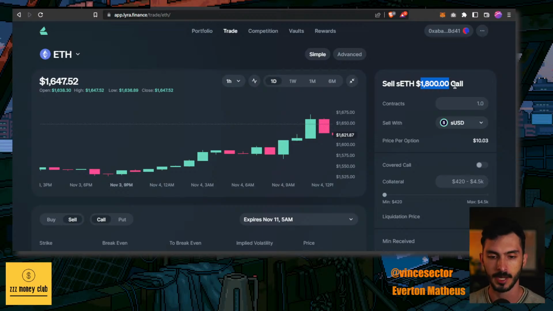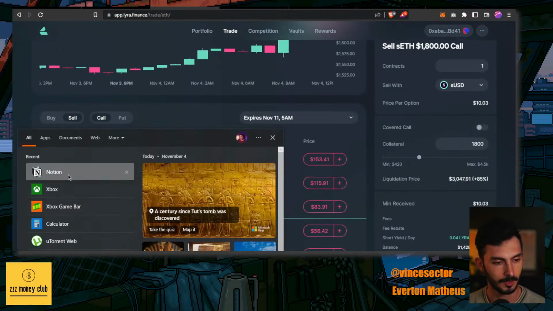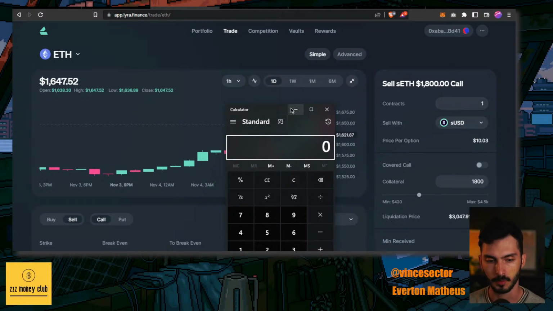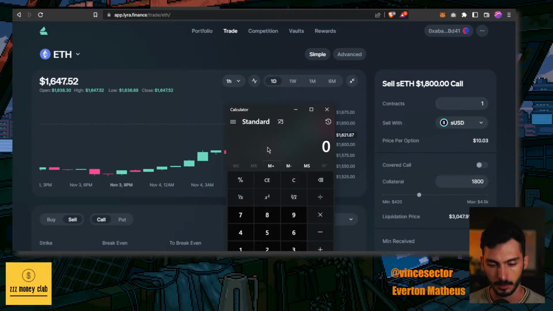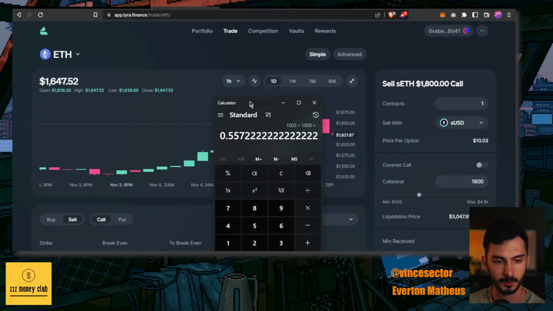Because if you're just going to put 1800 right here, you're going to get $10. So what is the yield on this one if you just do it the normal way? You're collateralized one-to-one, so you take $10.03 and divide it by 1800. So you're going to get 0.55% on the week. That is not bad necessarily, but we could do better.